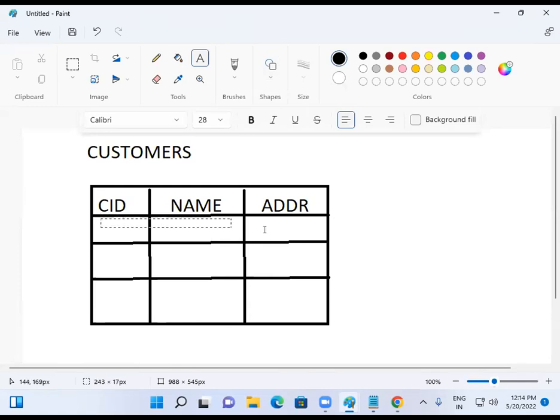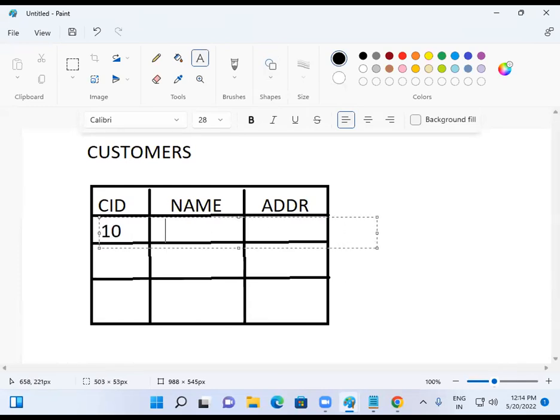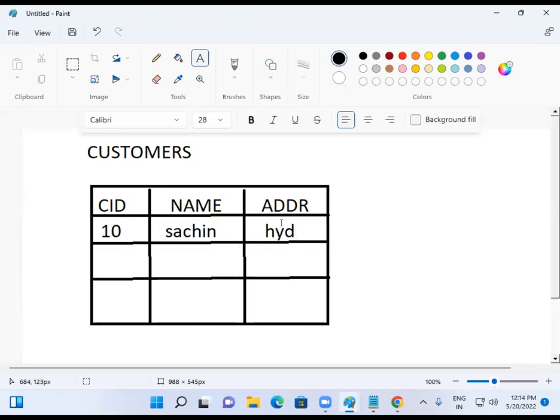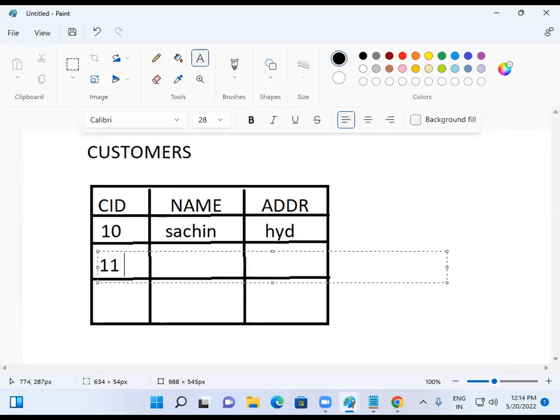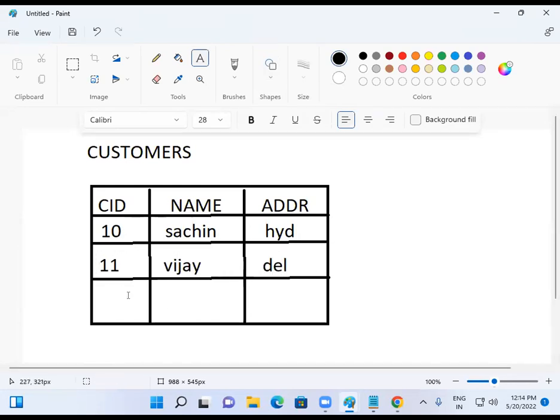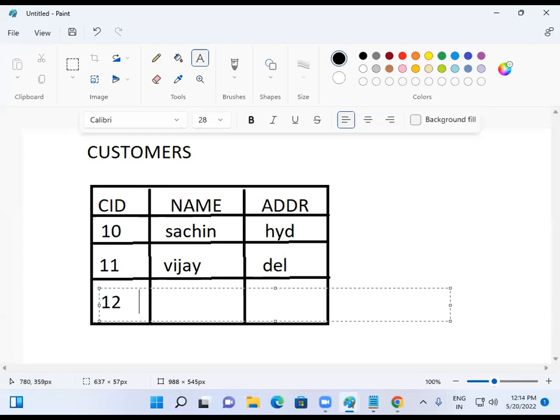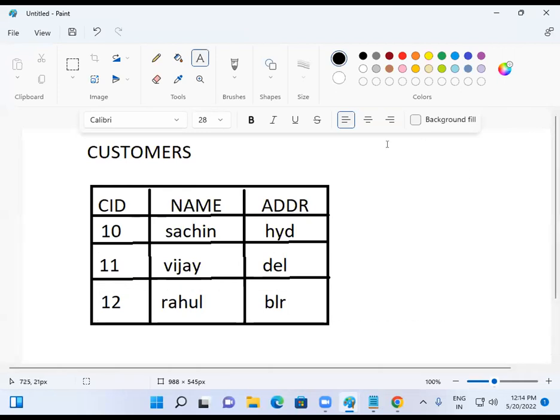Next one, 10, some name, Sachin, some address, HYD. Then 11, some name, some address. Then another name, some address, BLR. So the data in RDBMS is stored like this, in rows and columns.